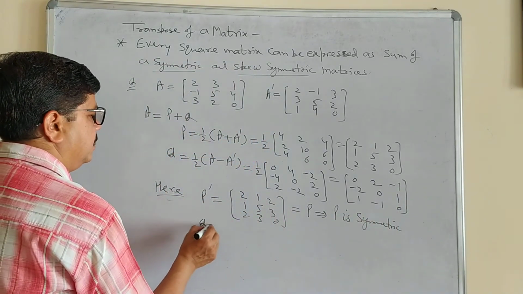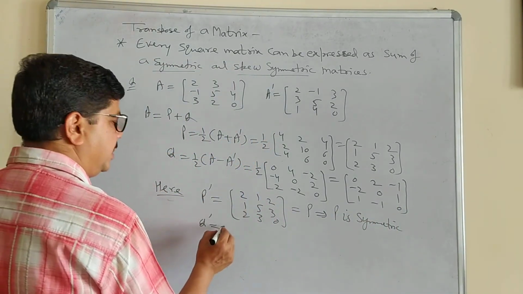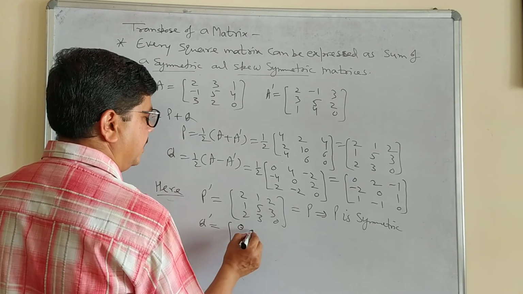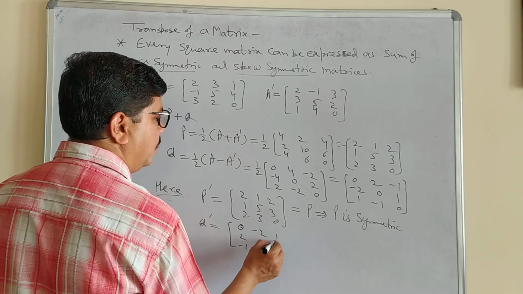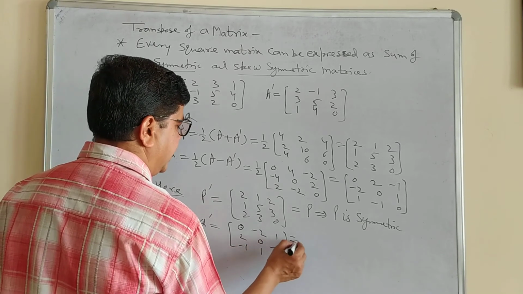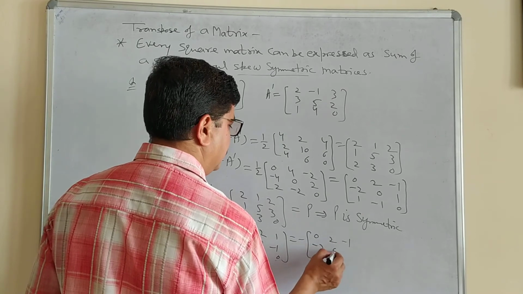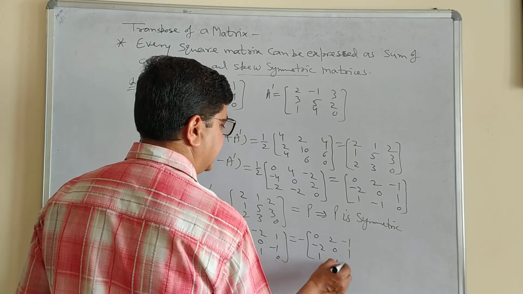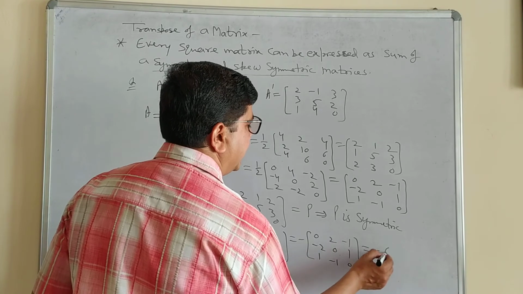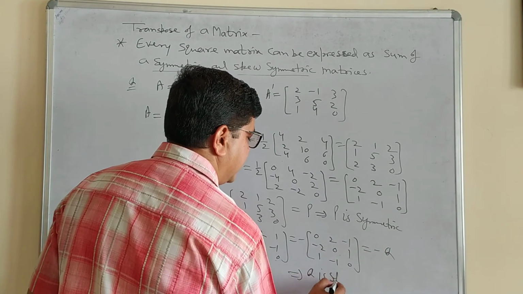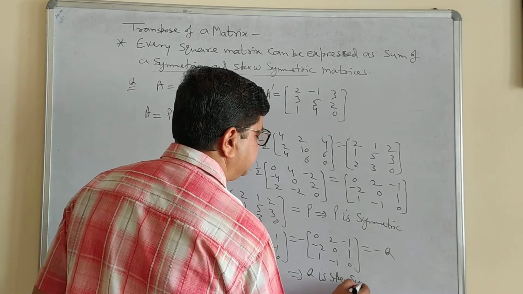And Q dash equals 0 2 minus 1, minus 2 0 1, 1 minus 1 0. Taking negative common, it is 0 2 minus 1, minus 2 0 1, 1 minus 1 0. That is minus Q, which implies that Q is skew-symmetric.